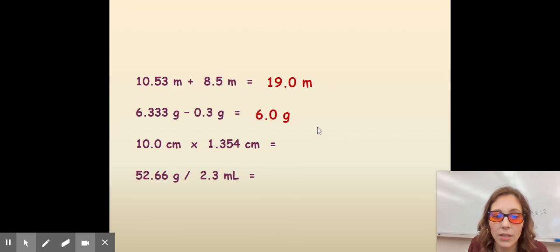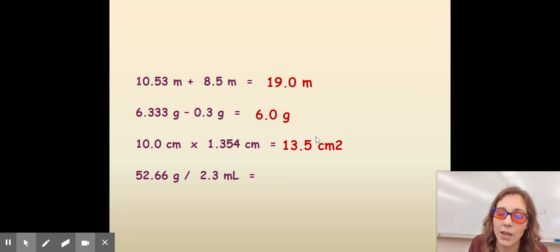Okay, and then looking at units. Now multiplication is about sig figs. This number has 3, and this number has 4. So our answer can only have 3 sig figs. So when you put it in, you're going to round it, and you're going to get 13.5. Feel free to check me on that. And centimeter times centimeter is centimeter squared.